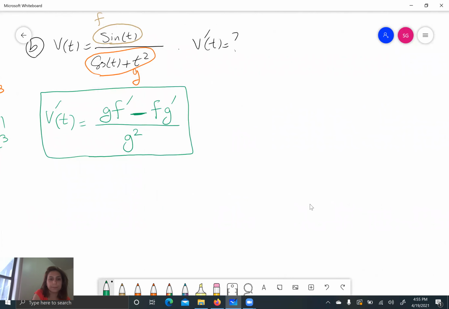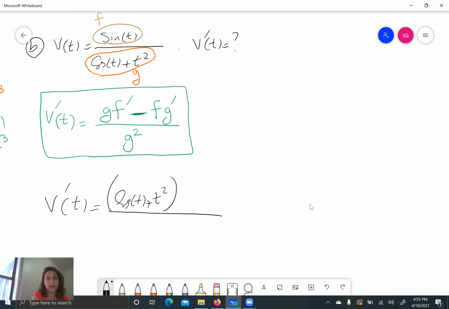So v prime of t is going to be g. What is g? G is cosine of t plus t squared, times f prime. Let's calculate f prime. F is the sine function, so its derivative is cosine of t.